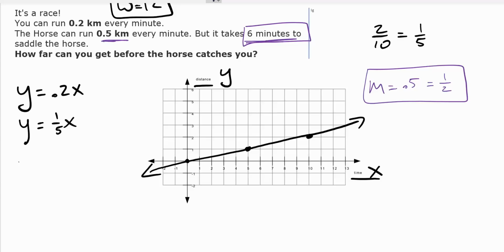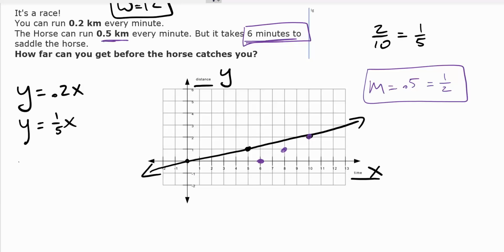So instead of starting at 0, the horse has got to start at this point out here at 6. Well, we know its slope is up 1 over 2, so it's going 1 kilometer every 2 minutes.